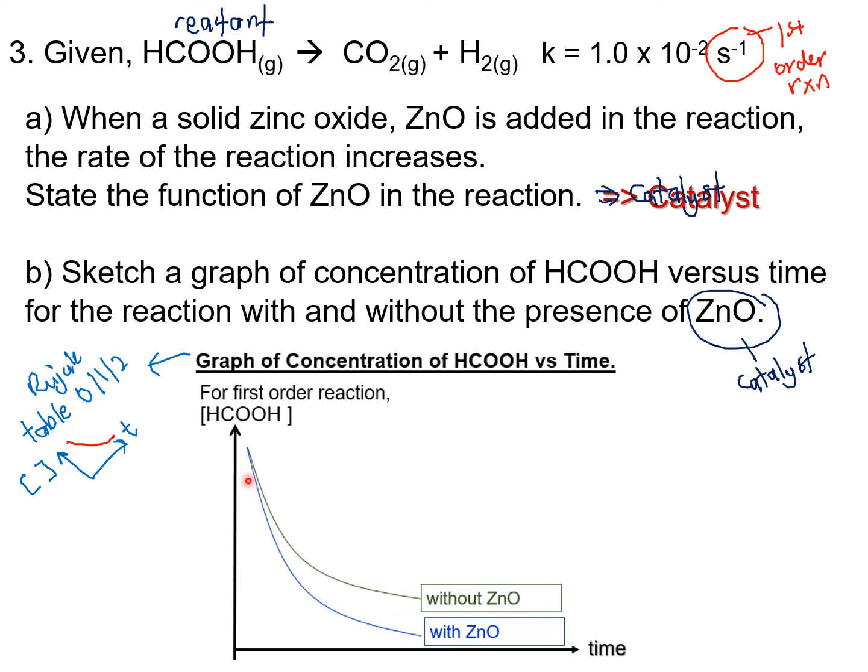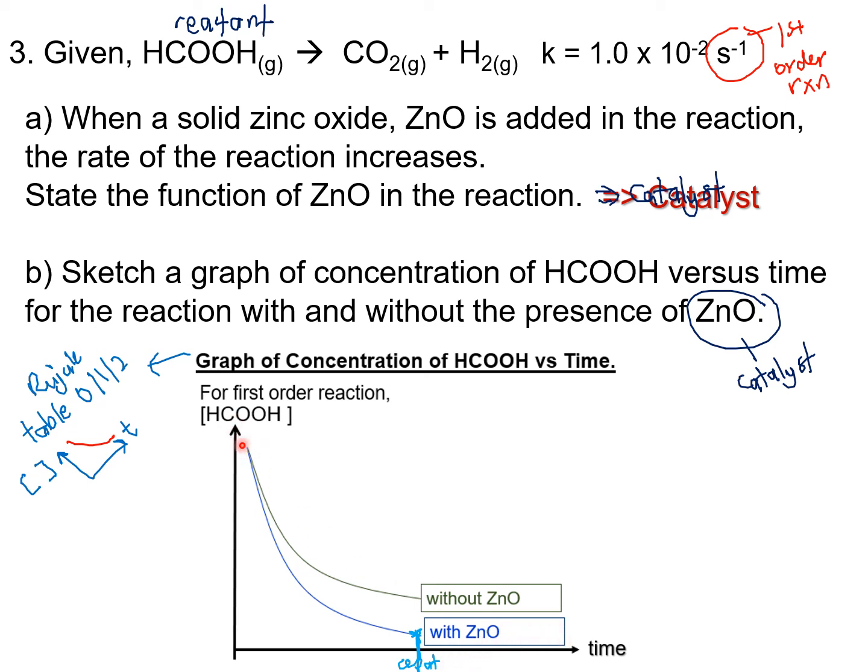Kita nak cakap apa kat sini? Kenapa dia kat bawah with catalyst, dia punya curve tu lagi ke bawah? Sebab apa? Sebab kalau you tengoklah, this is the time taken kan. So time taken dia lagi cepat. Okay, so bila time taken untuk concentration yang with zinc oxide ni lagi cepat, that's why dia punya rate of reaction lagi increase.